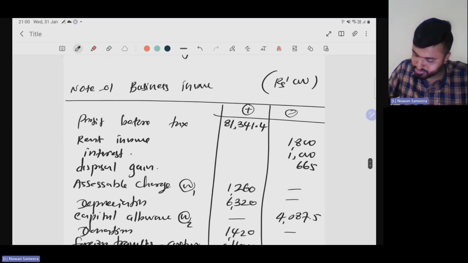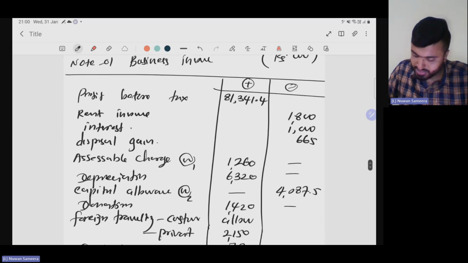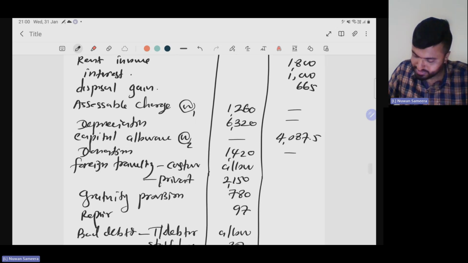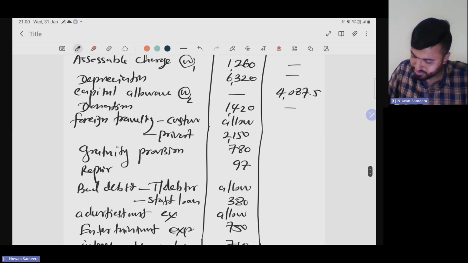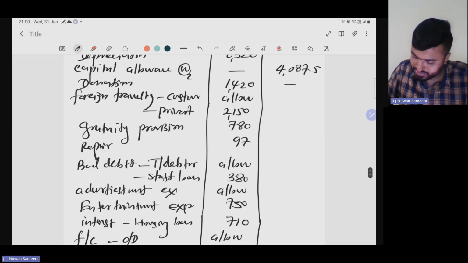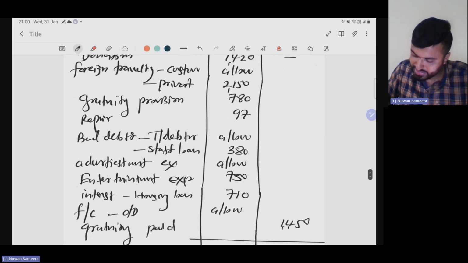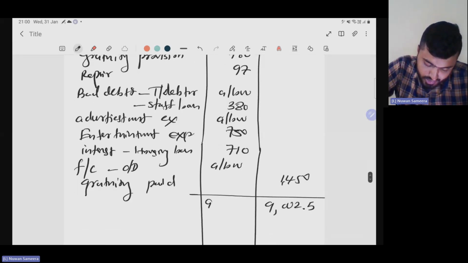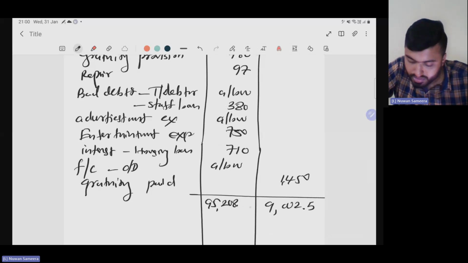Then we can get the plus side: 81,341.4 plus 1,260 plus 6,320 plus 1,420 plus 2,150 plus 780 plus 97 plus 380 plus 750 plus 710. Right, that's all. So 95,208.4.